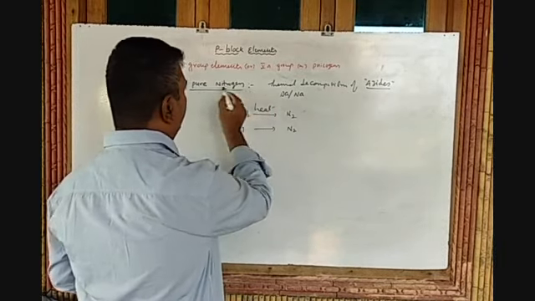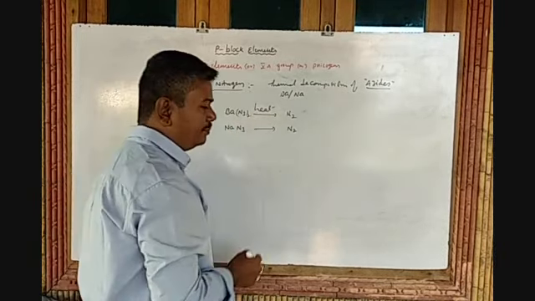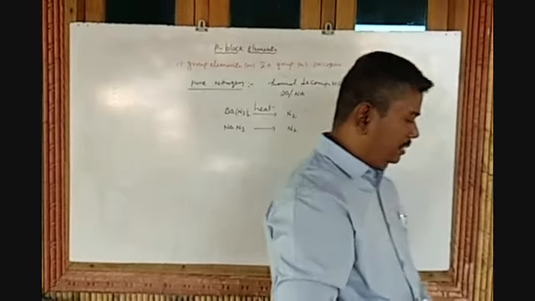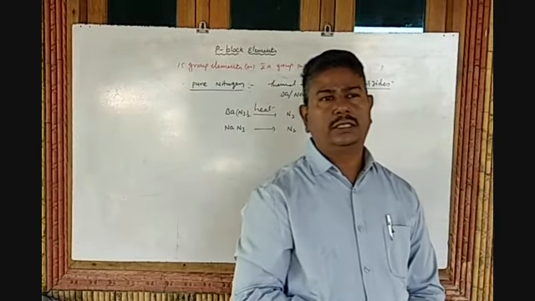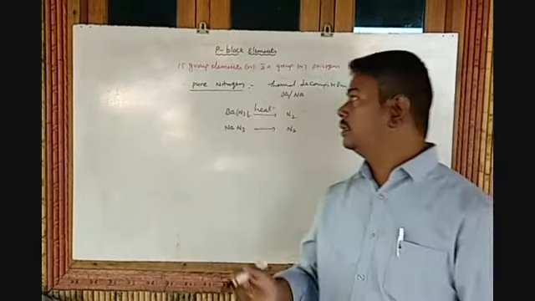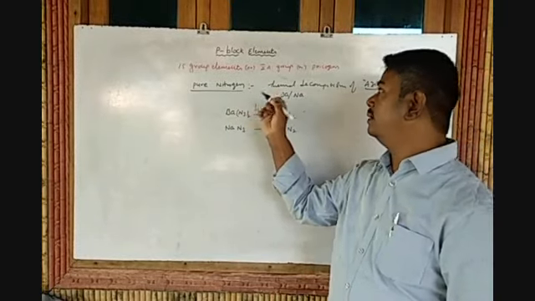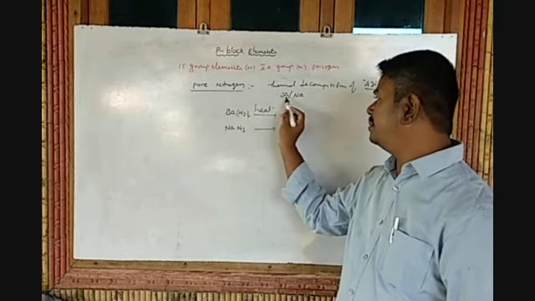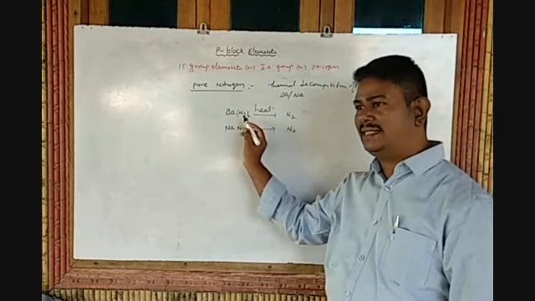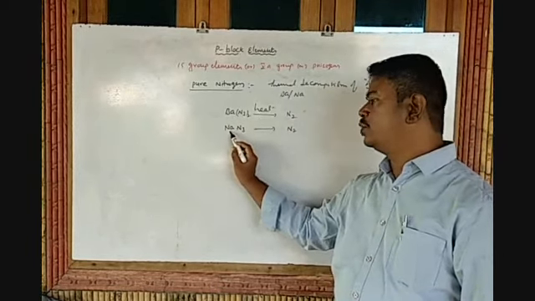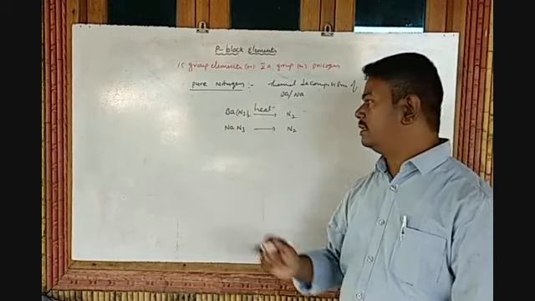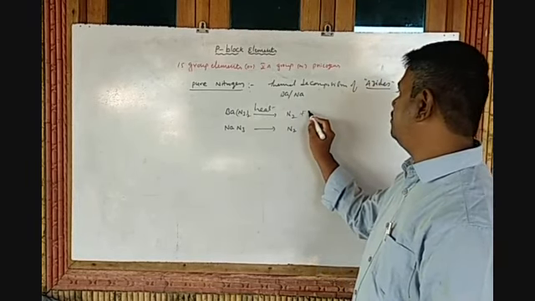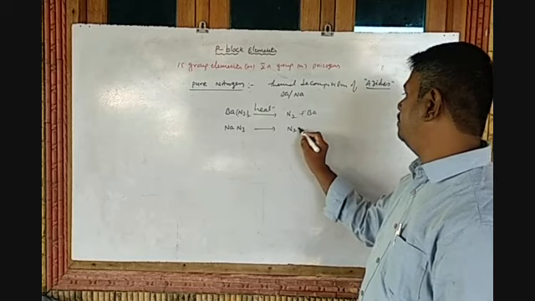So in the laboratory we get pure nitrogen gas by thermal decomposition of azides, either barium azide or sodium azide, which gives barium or sodium along with nitrogen.